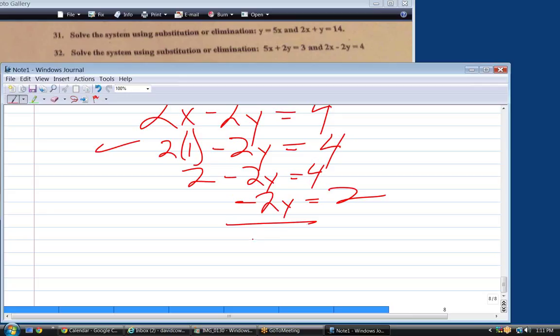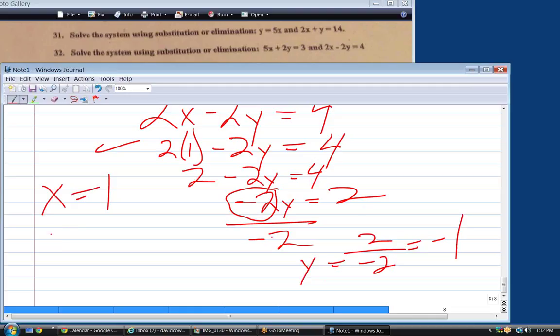In other words, with this last step, there's no reason to divide it by 2 and then have to divide it by negative 1. Let's just divide it by negative 2, and that gets this entire coefficient to disappear. So y equals 2 over negative 2, which is negative 1. So our solution is x equals 1, y equals negative 1.